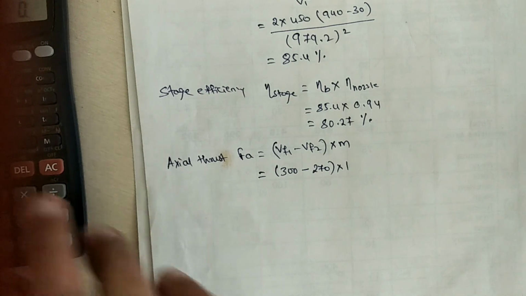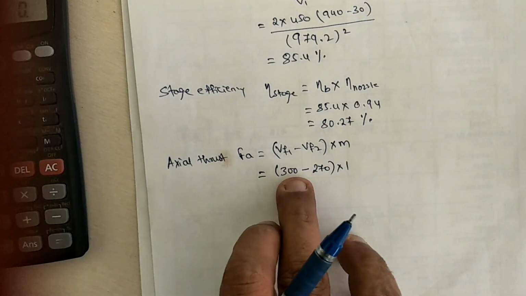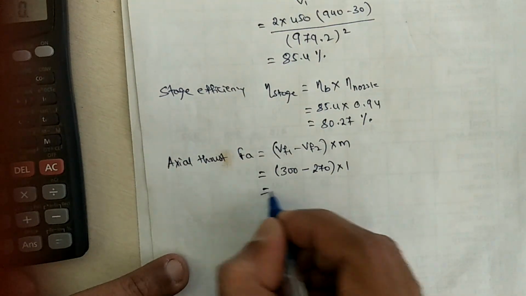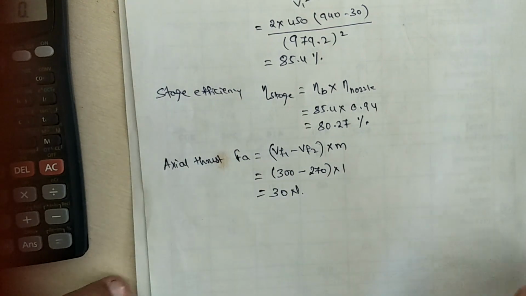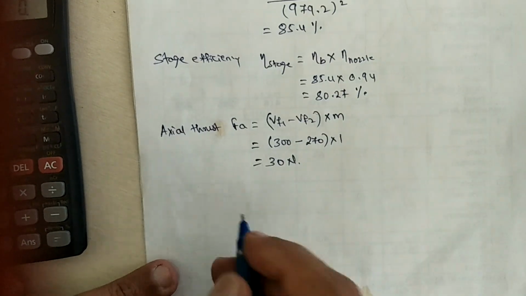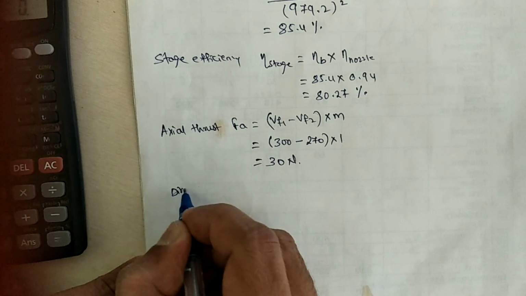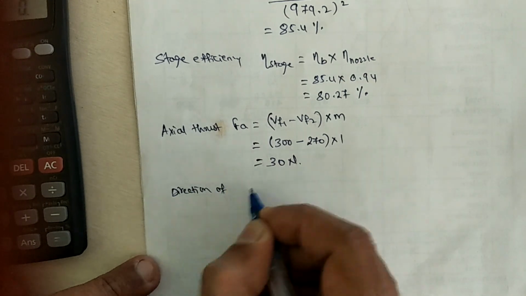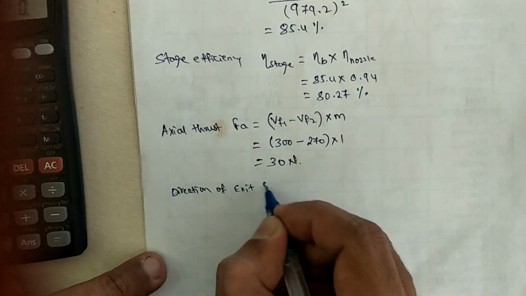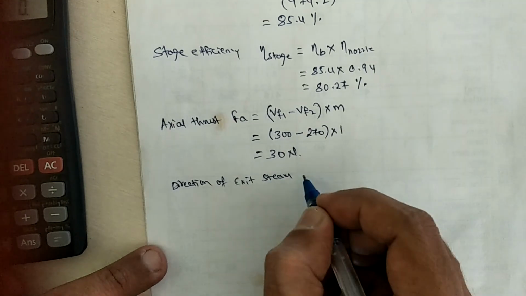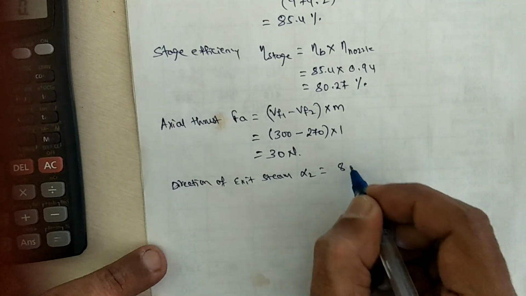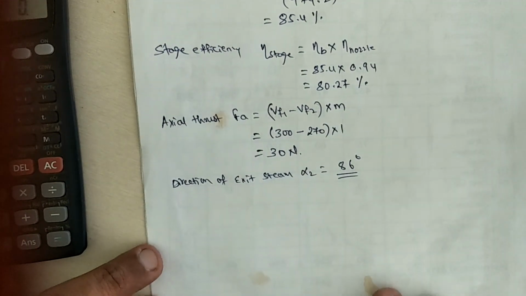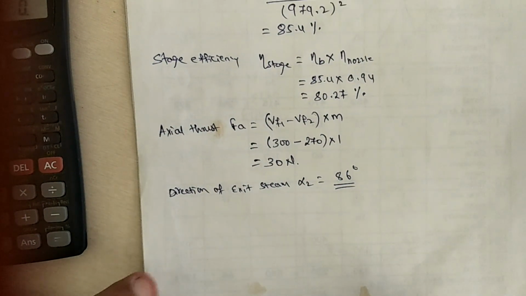So 300 minus 270, we get 30 newtons. Then the direction of exit steam, alpha 2, is equal to 86 degrees, which we obtained from the velocity triangle. So this is the method that you have to follow for this problem. Thank you all of you.